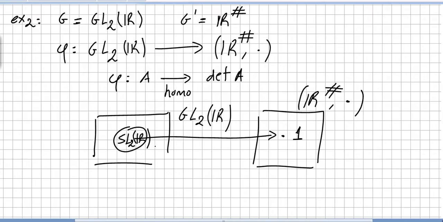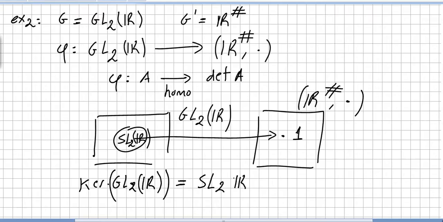So the kernel of the general linear group is the special linear group.